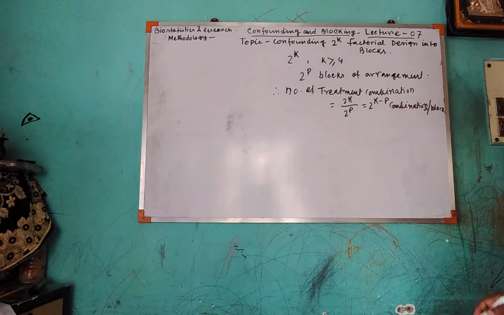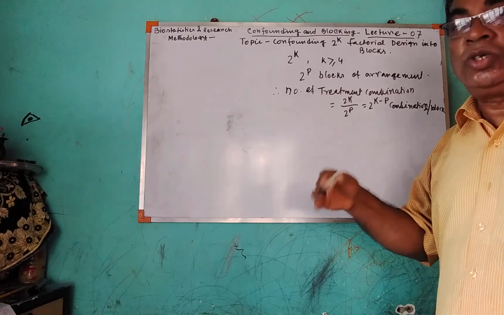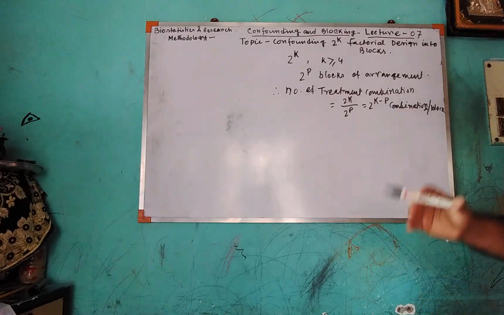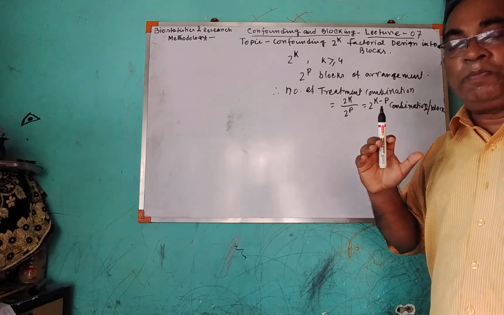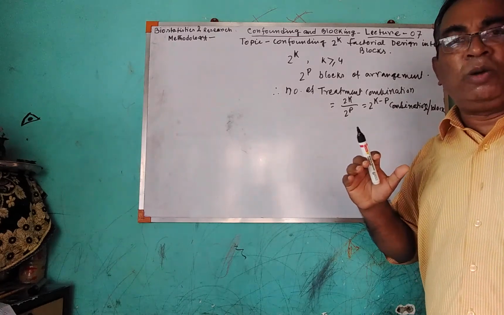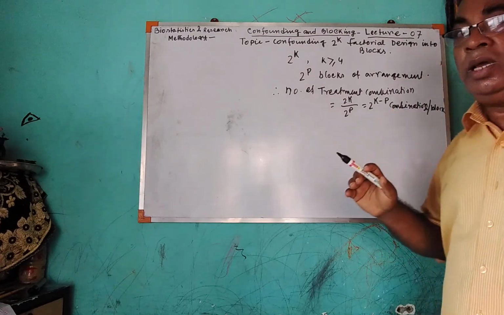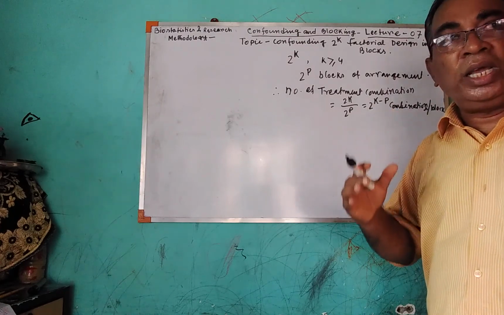That means per block how many treatment combinations will be there? 2 raised to the power k minus p treatment combinations, or you can say 2 raised to k minus p elements should be contained in each block.